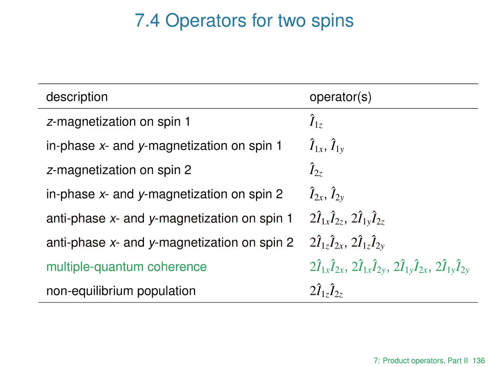So things like 2I1x I2x or 2I1x I2y. And these correspond to multiple quantum coherences. We mentioned multiple quantum transitions before, and they are represented in this theory by these operators. And again, we'll have a lot more to say about that in the third session. And there's one more operator, the 2I1z I2z. That's a special kind of non-equilibrium population, which we'll also come across. So we'll come back across these, but these are the interpretations of all of these operators.